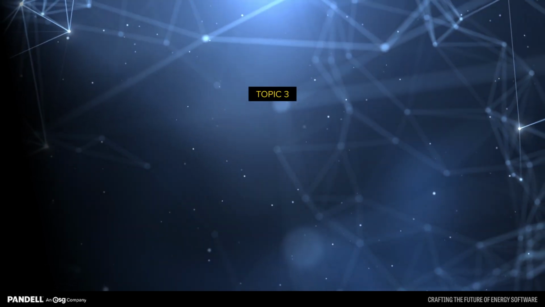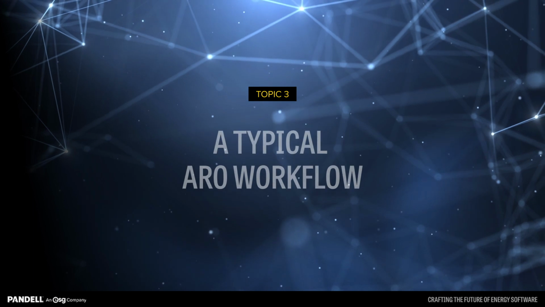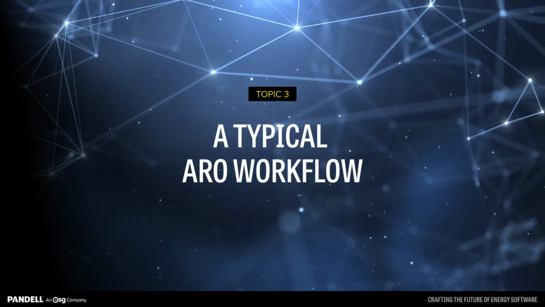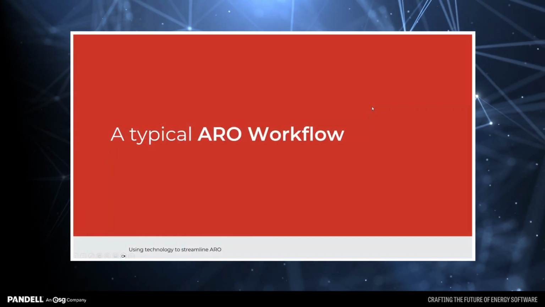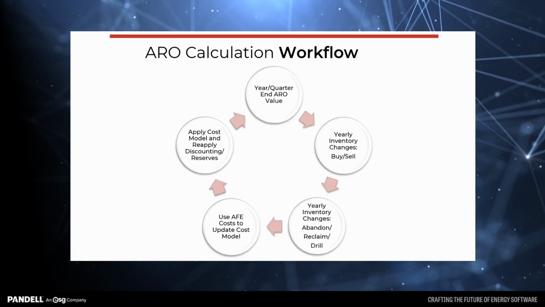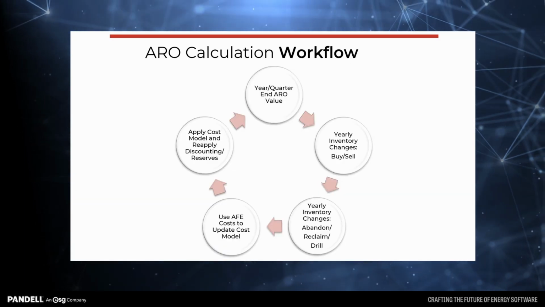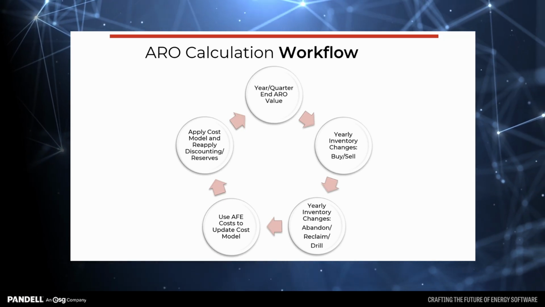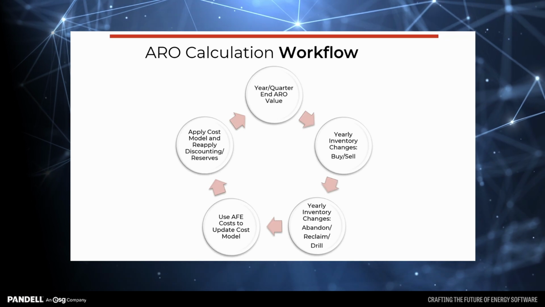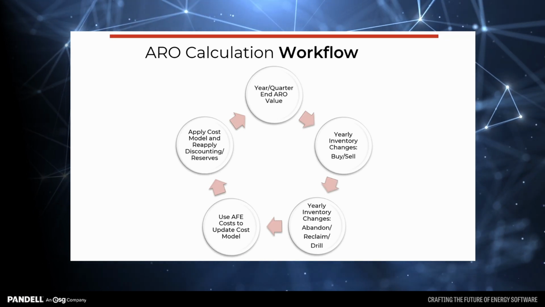So let's take a look at a typical workflow. We typically start at that year or quarter end ARO value. That's sort of your starting point at the beginning of the year. You then move into yearly inventory changes with buying and selling assets, as well as yearly inventory changes with abandoning, reclaiming, and drilling.